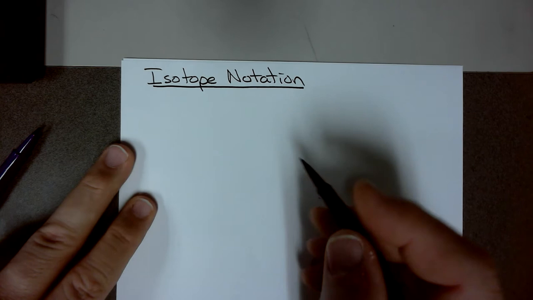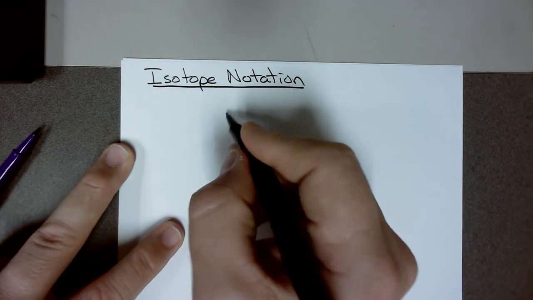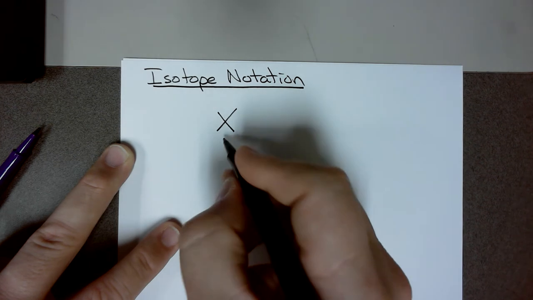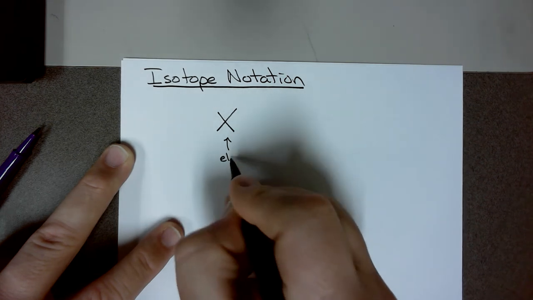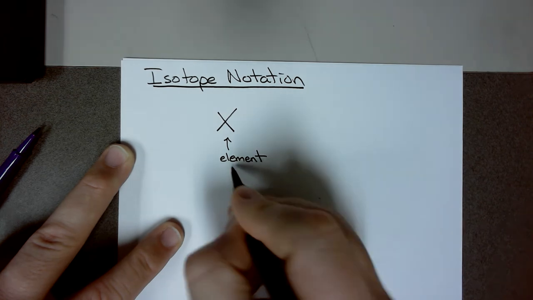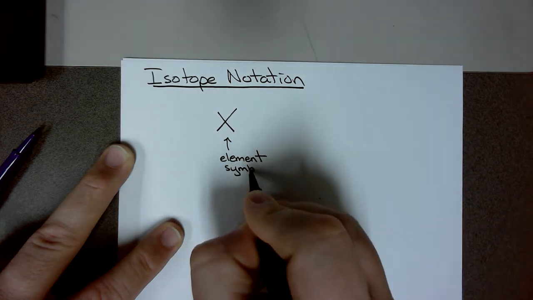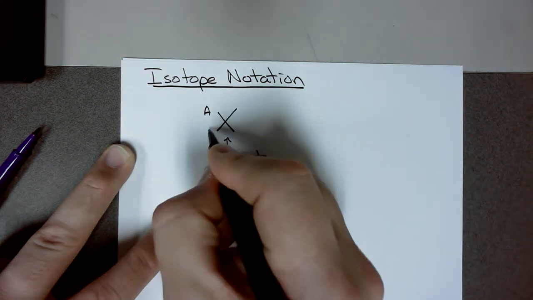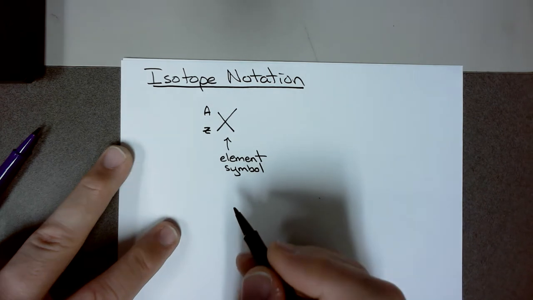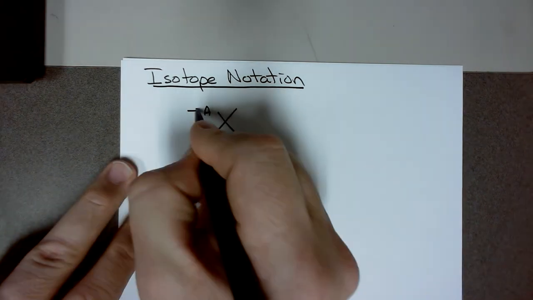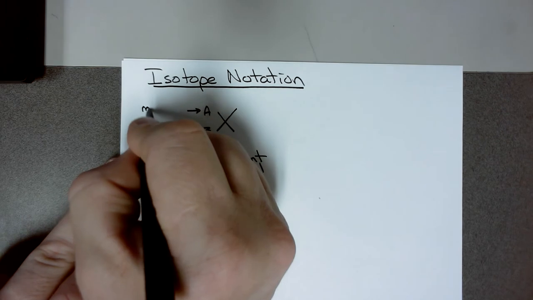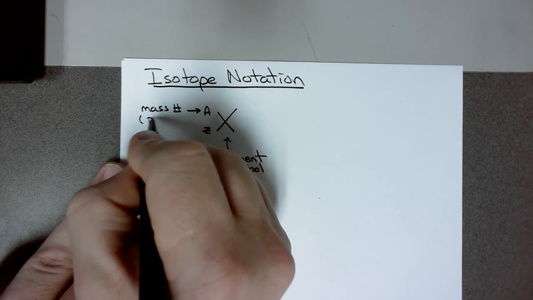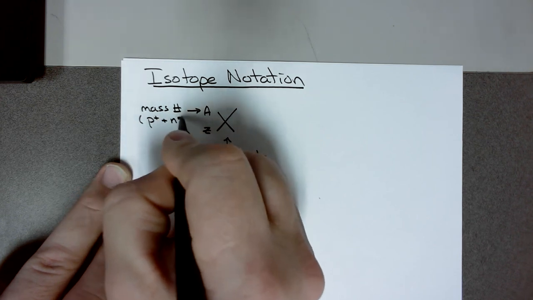So if I have, let's say, X here, and that is the element symbol, then on the top left we'll have an A, and bottom left will be a Z. Now the A is the mass number, and remember, mass number is protons plus neutrons.